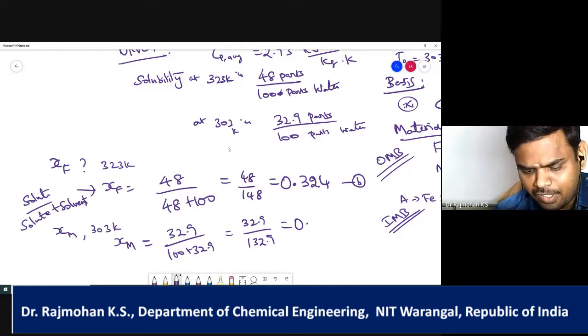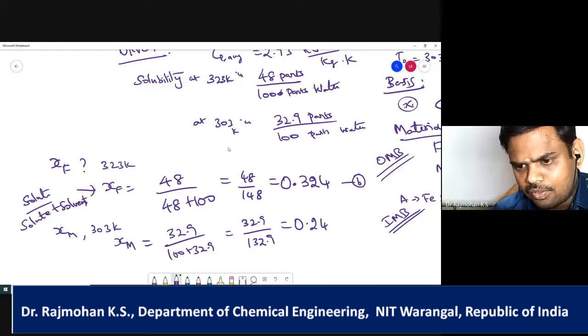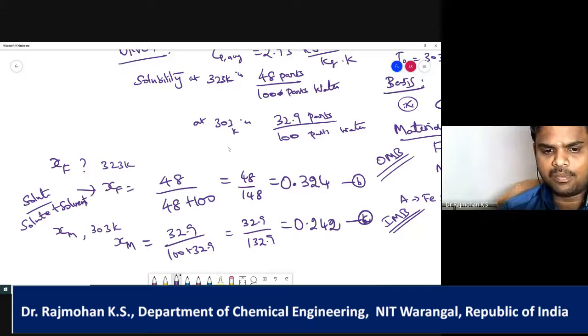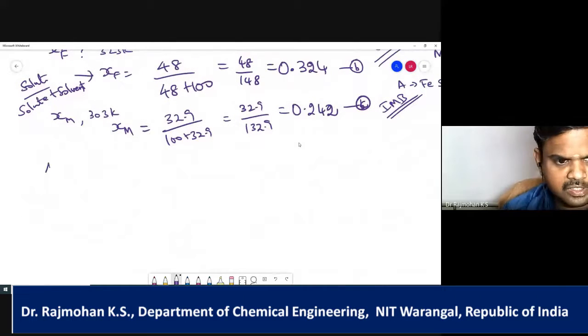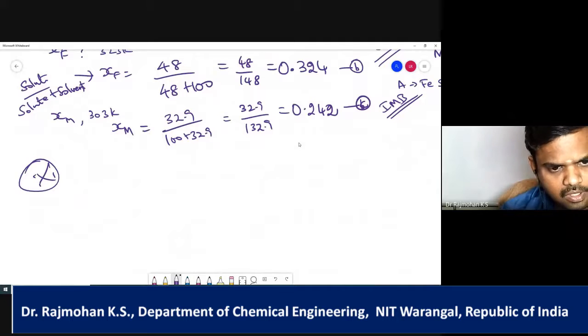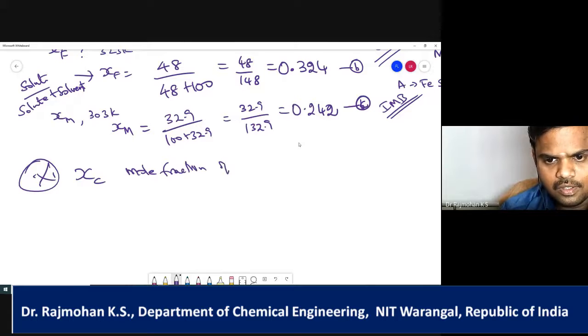Are you getting the same value? 0.242 is the value for XM. Similarly, to find XC, always remember this is common for all the problems. How to get XC? That is the mole fraction of A in crystal.